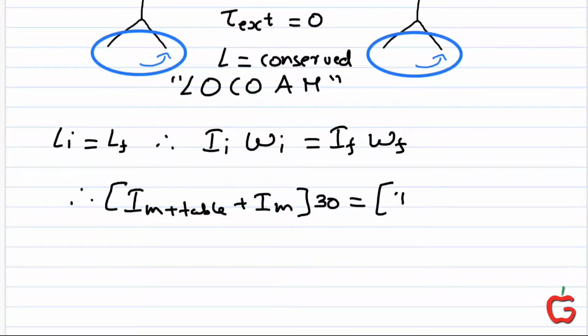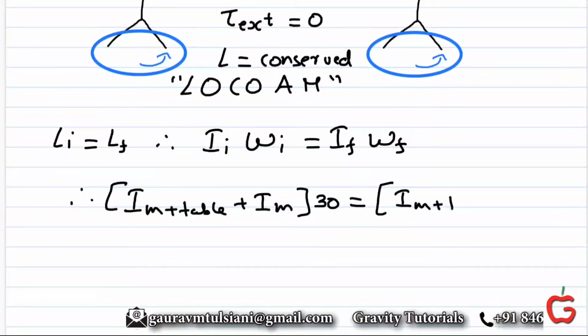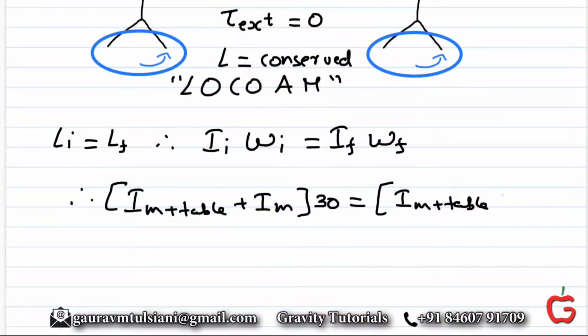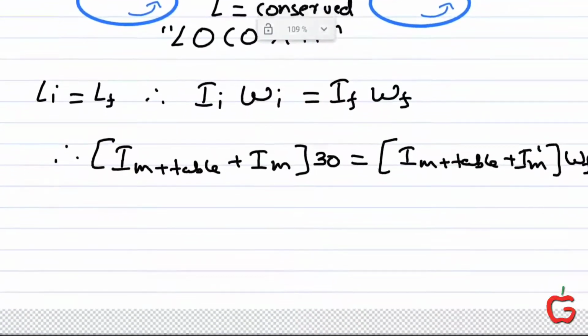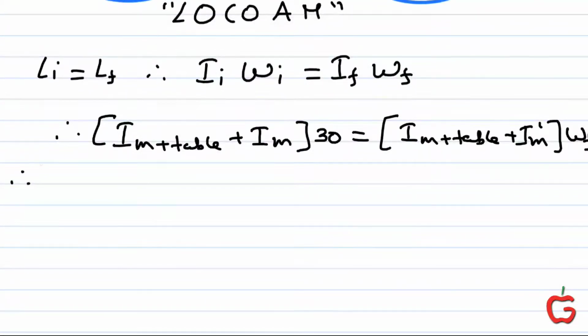Final moment of inertia: the table and the man's moment of inertia remain the same, but the masses are brought closer, so this changes, and this is the final angular velocity. You have to find the final angular velocity.